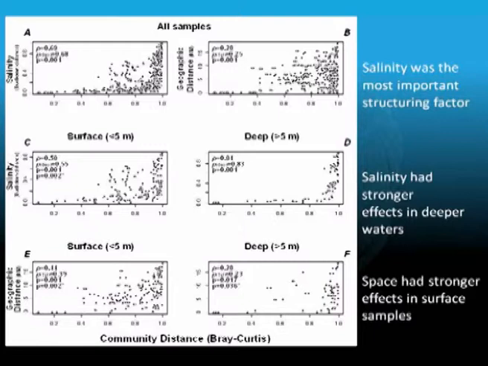What we saw is that salinity has a big correlation with community composition. If we take all samples, with a Mantel test, we get a 0.69 correlation between the salinity you have and the community differentiation you have. Things are not so clear with distance. You have a low correlation between community composition and geographic distance.